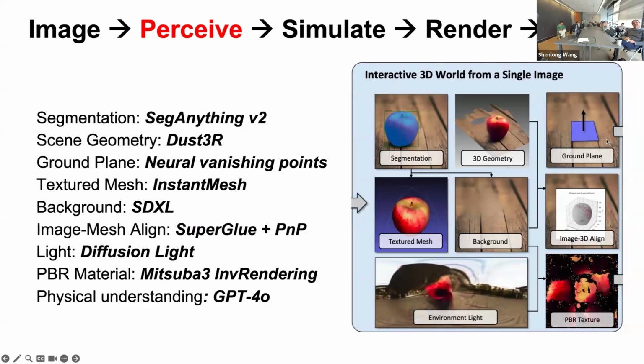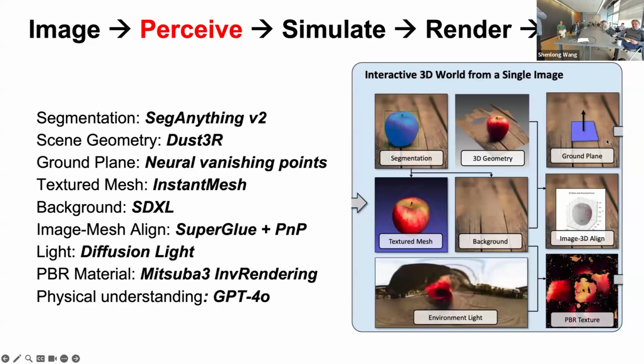So to answer Costa's question, I think we have a lot of amazing tools here. We use Segment Anything, we use DUSt3R, and for the grounding plane, we use neural vanishing point. For textured mesh, we use a generative textured mesh. As you can see, there is a lot of engineering work here with my student.